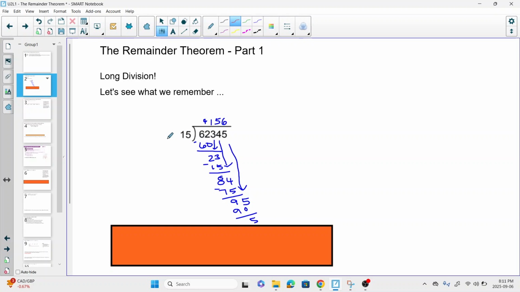So this here, the number that we're trying to divide, is called our dividend. And the number we're dividing it by is called our divisor. And the number of times the divisor can go into the dividend is called the quotient.